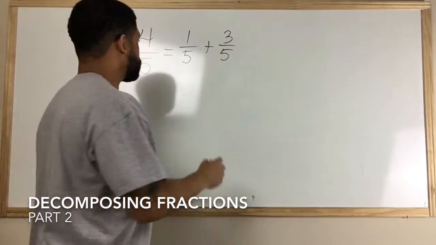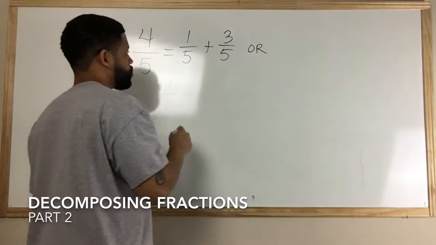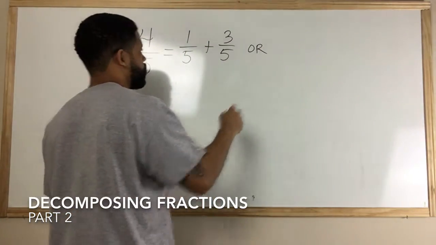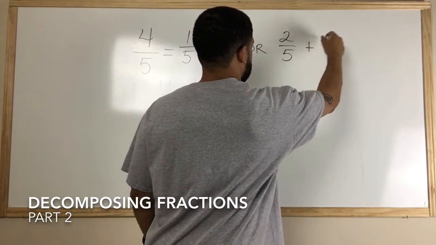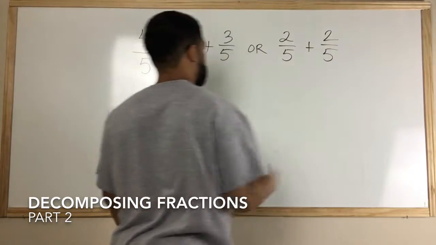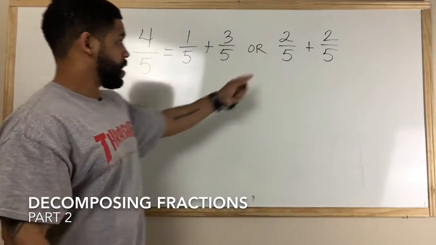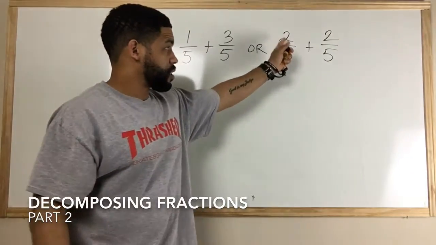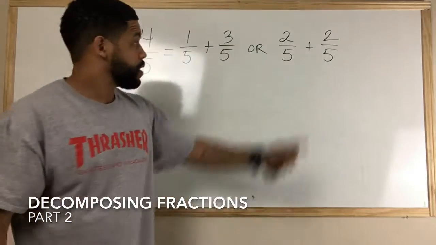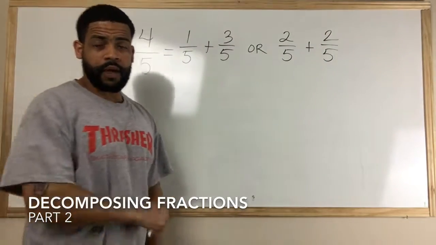Now, we could also say this is 2/5 plus 2/5, okay? Remember, we're working with the fraction 4/5. So 4/5 is the same thing as 1/5 plus 3/5. It's also the same thing as 2/5 plus 2/5. The numerators, if I add them together, 2 plus 2 gives me 4, okay?